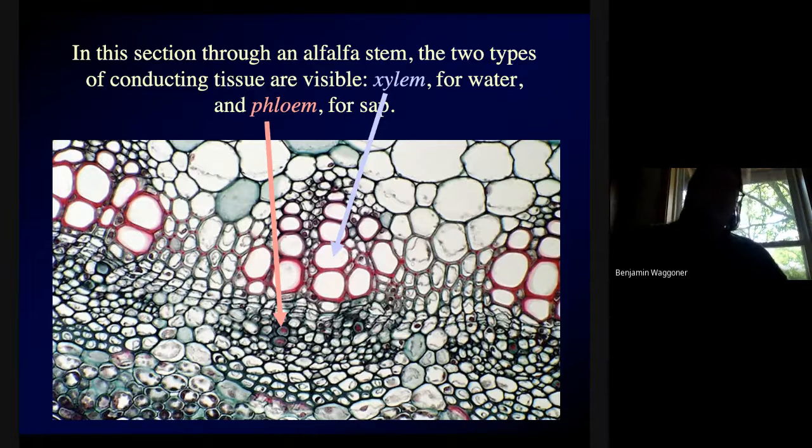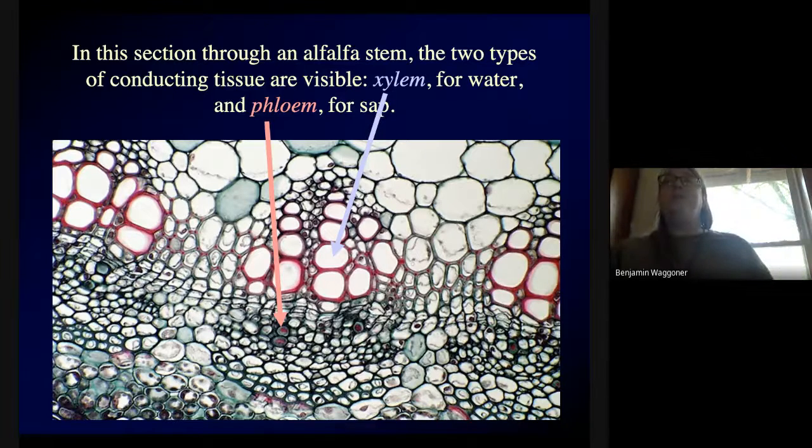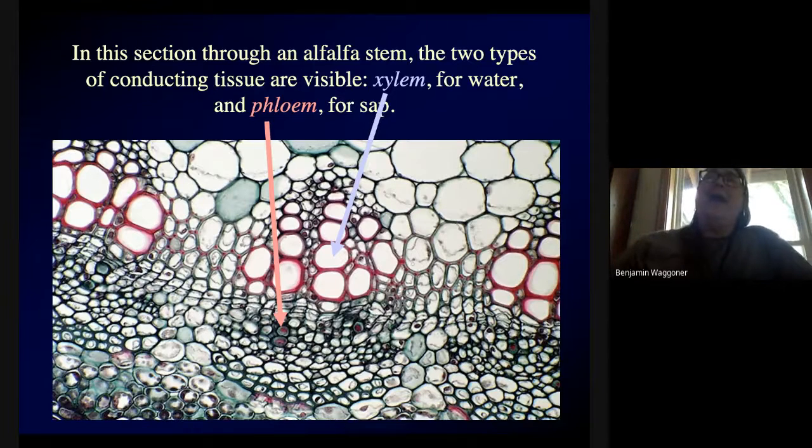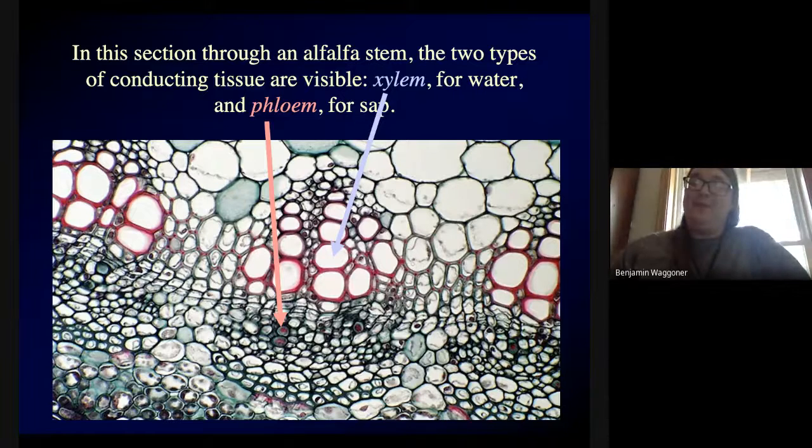Surrounding it, you've got a second type of conducting tissue that takes sugar from the leaves where it's being made by photosynthesis and transports it through the rest of the plant. That type of conducting tissue is called phloem. Not phlegm, that's something different. Phloem.